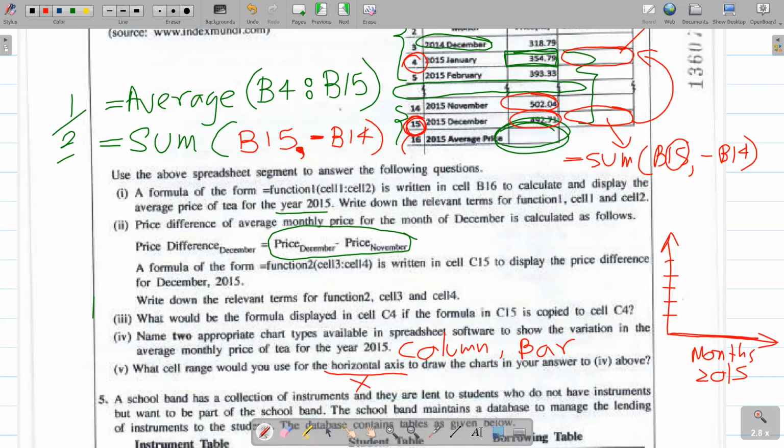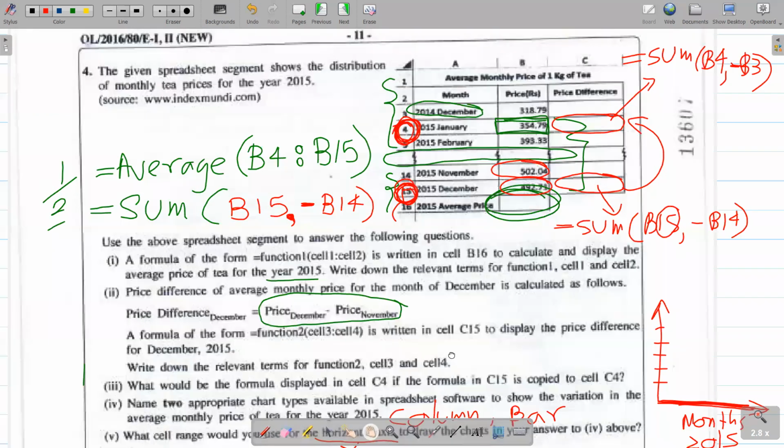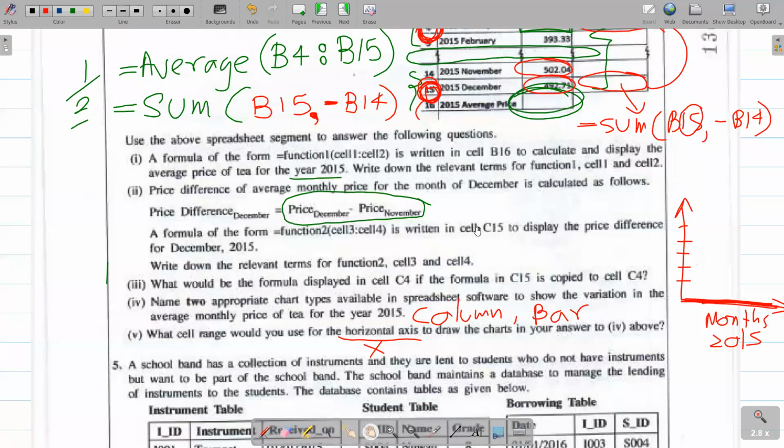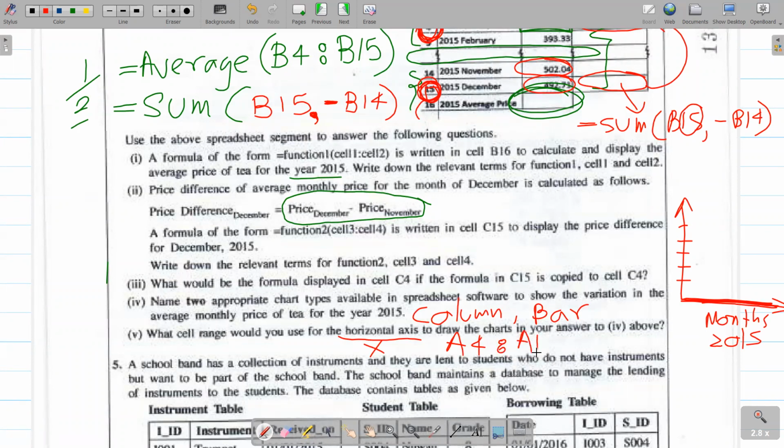So the horizontal axis is going to be months of 2015. The cell range is going to be from A4 to A15. Am I correct? Is it A4? Yes. So the particular cell range is going to be A4 to A15.